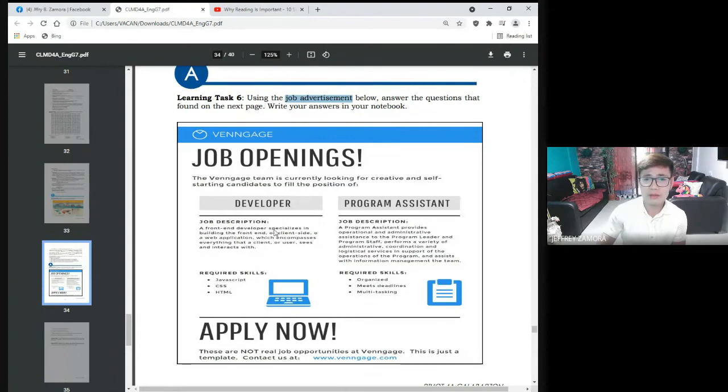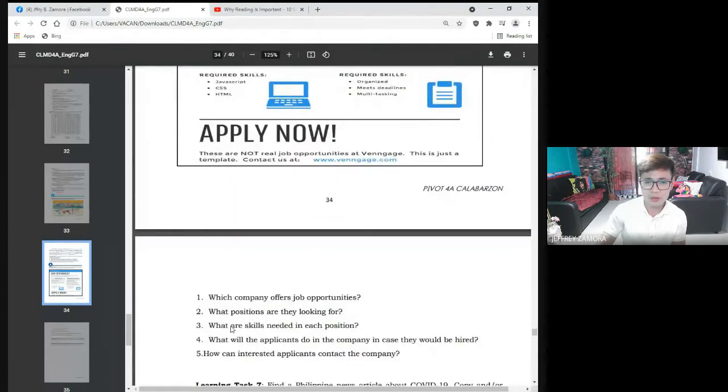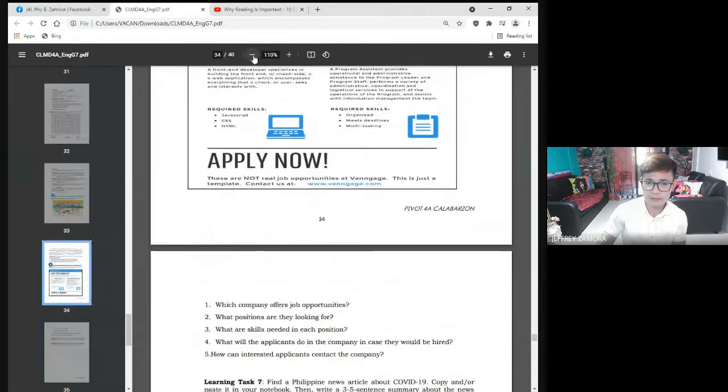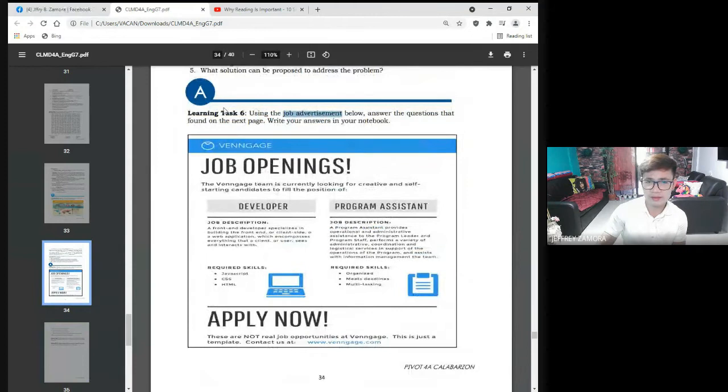Now we analyze it using the styles: skimming, scanning, intensive, and extensive. So let us proceed to the questions. The first question is, which company offers job opportunities?